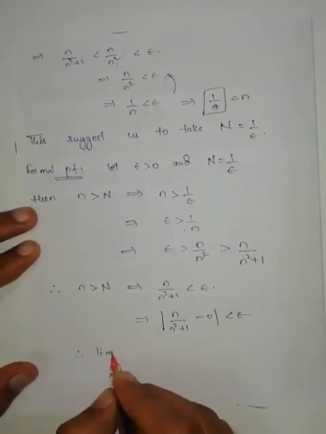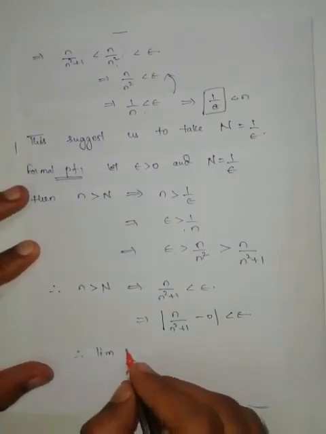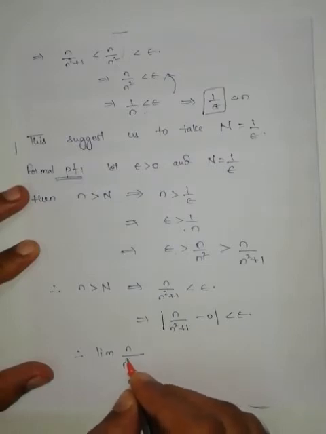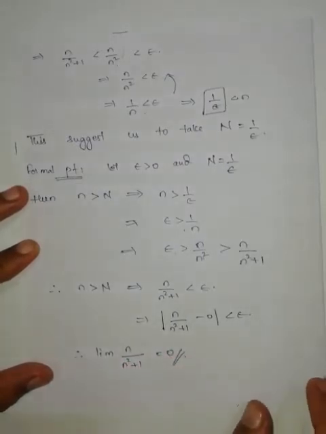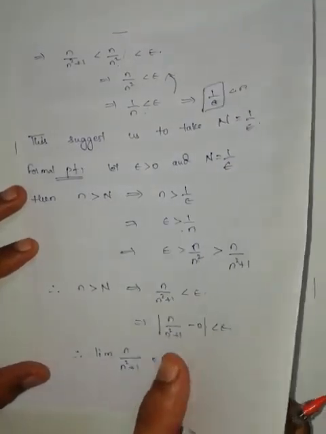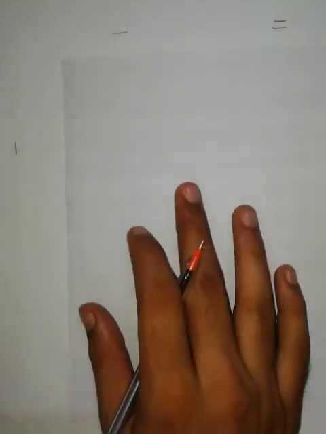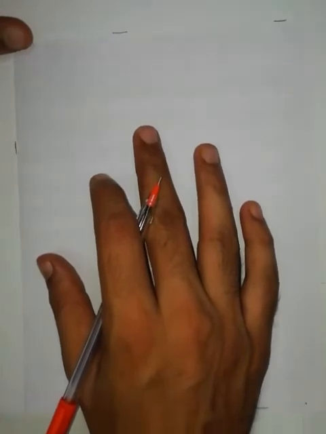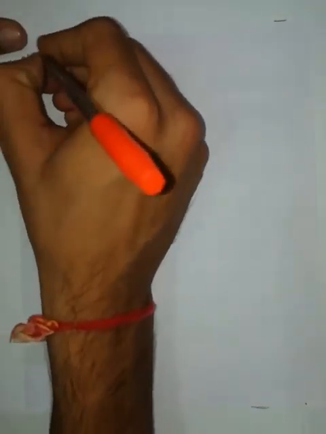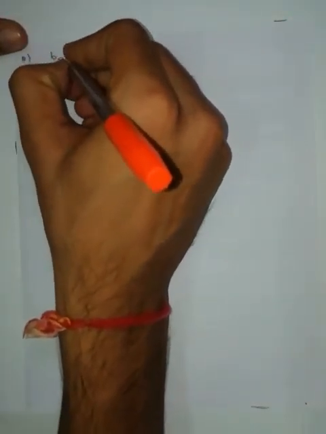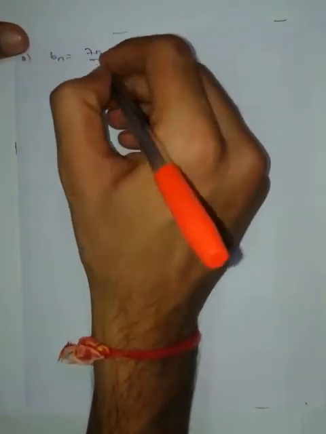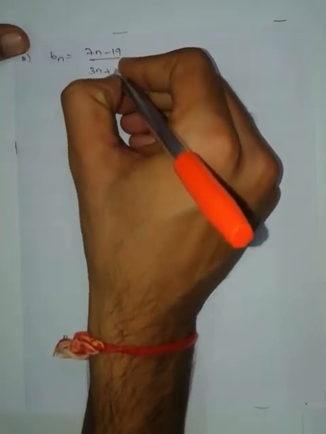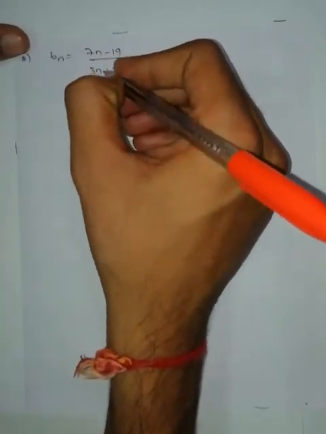Therefore limit of n by n square plus 1 is equal to 0. Now next problem. Second one, Bn is equal to 7n minus 19 by 3n plus 7.